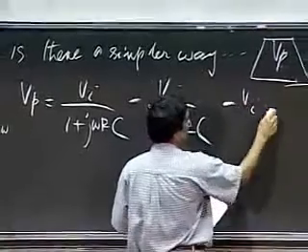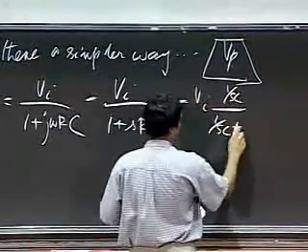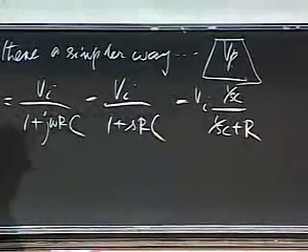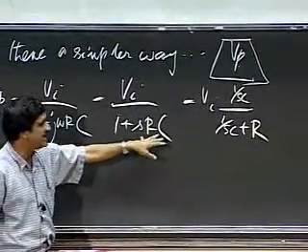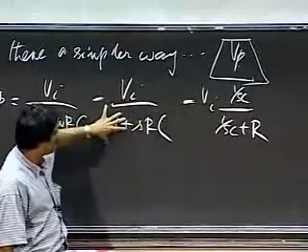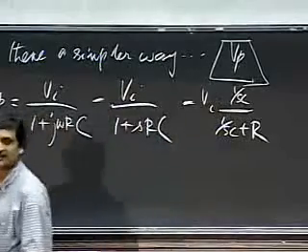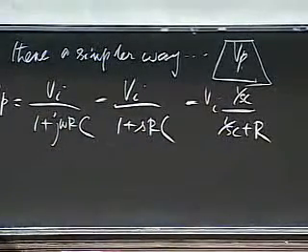So I get VI times 1 by SC, over 1 by SC plus R. Light bulbs beginning to go off?